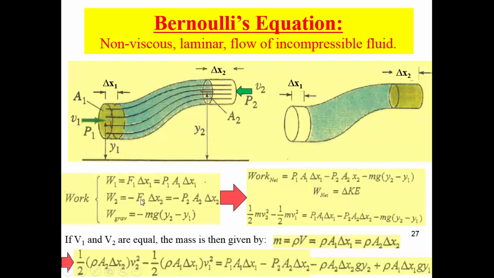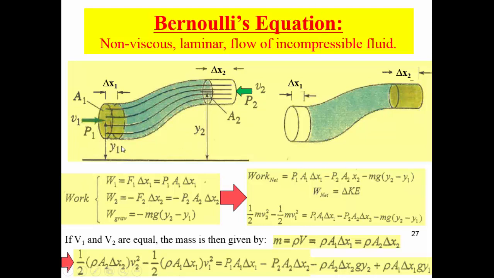If we replace the negative force here by the pressure times area, it will be negative P2 times A2, where A2 is the sectional area in this region of the pipe, region 2, times delta x, where delta x is the displacement of that fluid element that corresponds with the same volume of the fluid element in region 1. And recall that the volume of the fluid does not change as long as the fluid is incompressible.